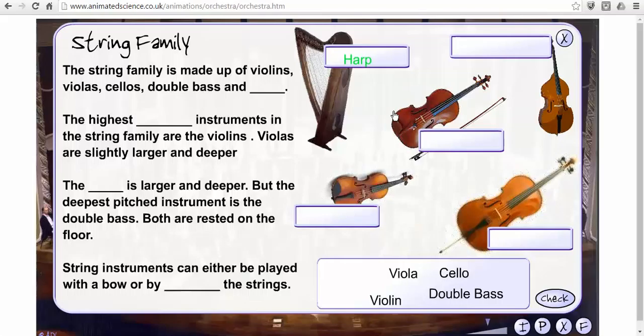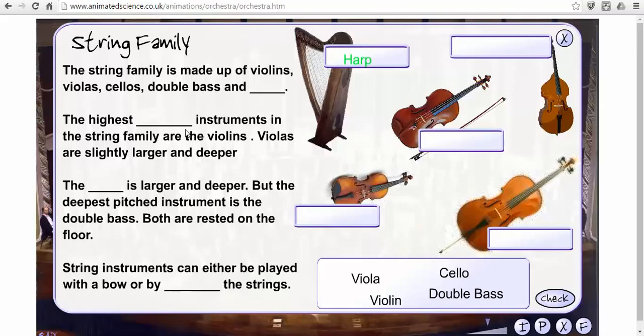If it is the correct instrument, it will go green. If it isn't the right instrument, it will go red and have that noise. So check to see which is right.